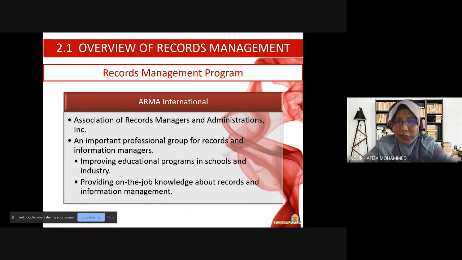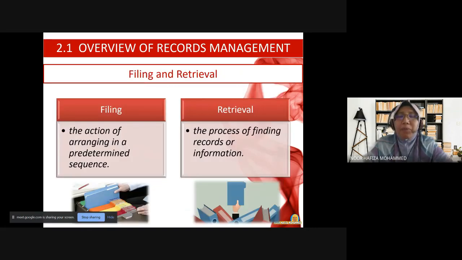ARMA International is the Association of Records Managers and Administrators Incorporated. There are two functions of ARMA. The first one is to improve educational programs in schools and industry. And the second one is to provide on-the-job knowledge about records and information management. So these are the two functions of ARMA.